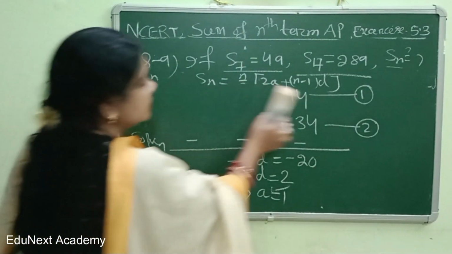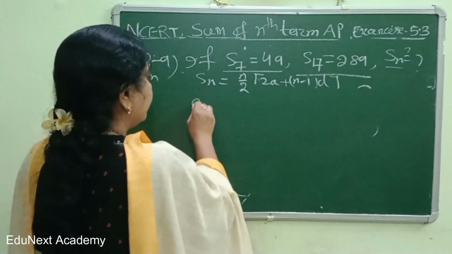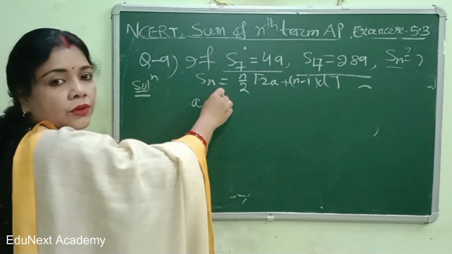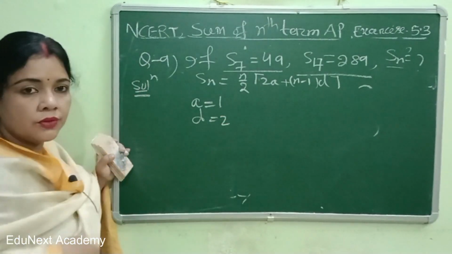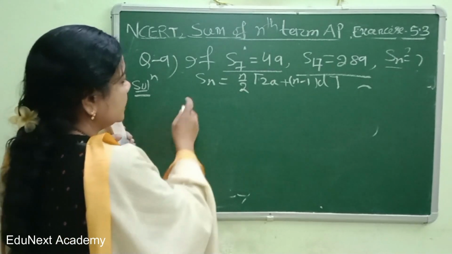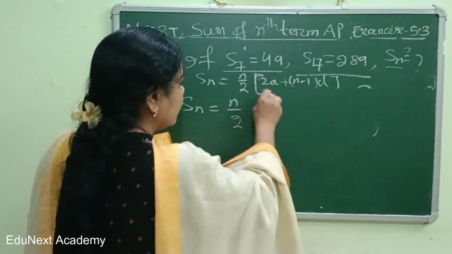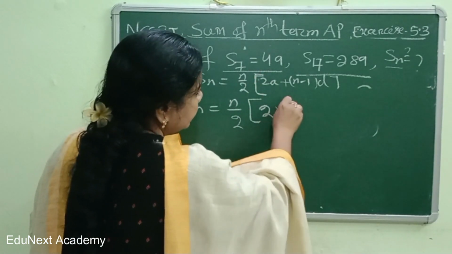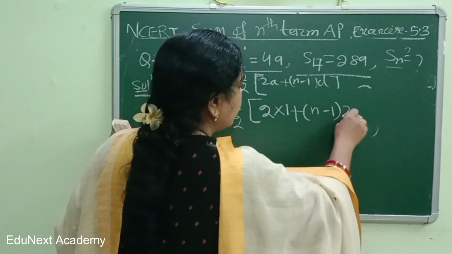Now I got a equal to 1 and d equal to 2. So putting these, Sn is equal to n by 2 into 2 into 1 plus n minus 1 into 2.